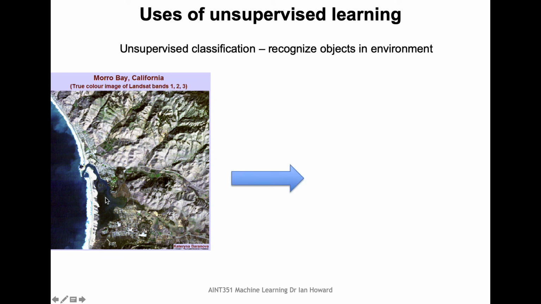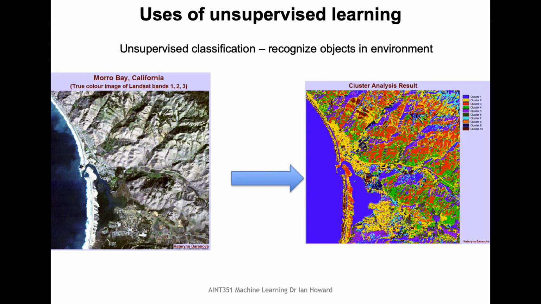So if we run a simple clustering algorithm on that, we may well come up with a map which looks like this. And you can see now it's labelled all of the sea, in a nice blue colour. It's also showing the lake here is probably a similar kind of thing to the sea, because it's got water in it. Maybe there's even some water coming down here, I don't know.